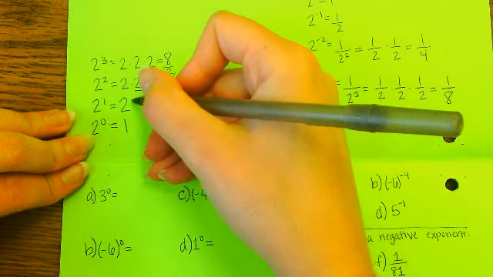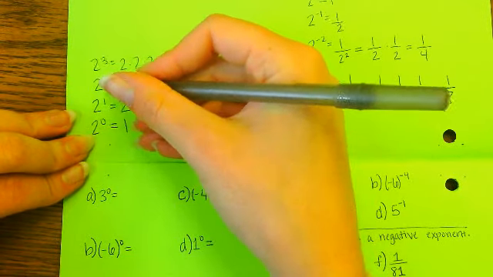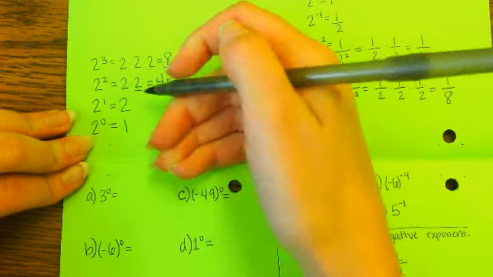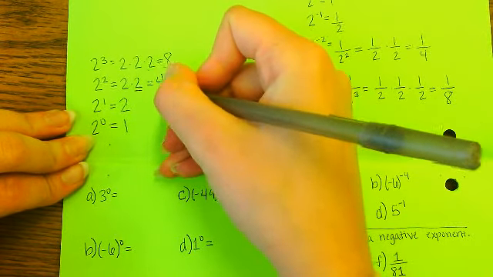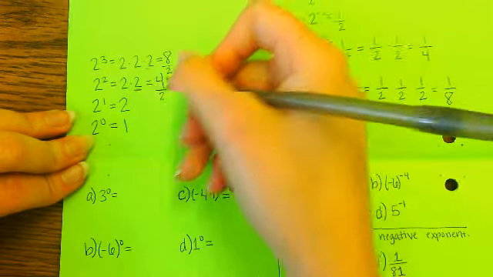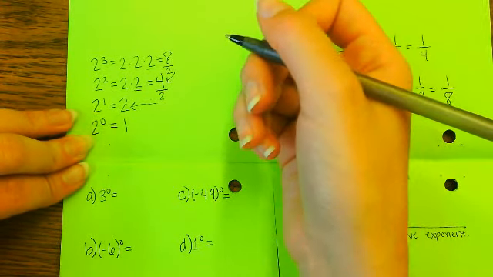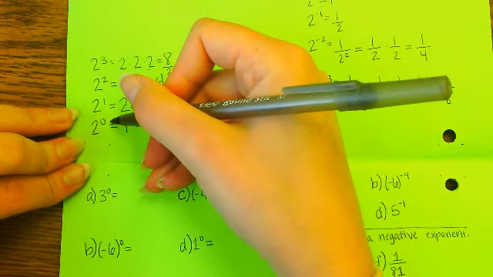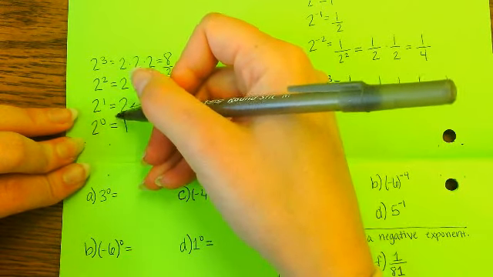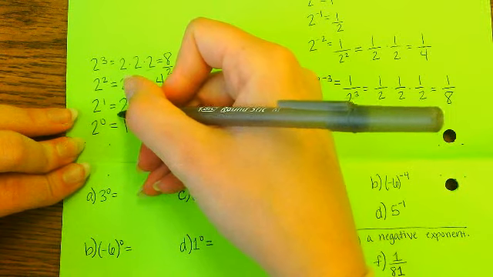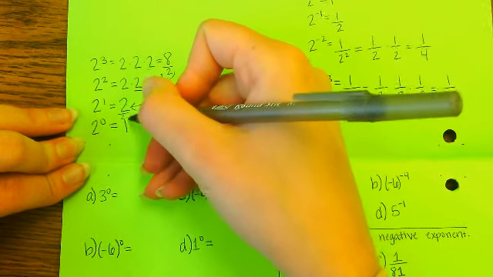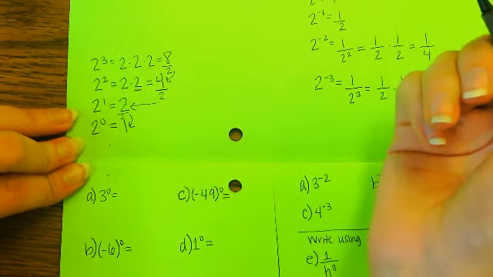Again, I'm getting rid of a 2 right here to get from 2 squared to 2 to the first. So I could honestly think about saying I'm doing 4 divided by 2, and that would give me 2. And then 2 to the 0 power means I'm not multiplying anything. But to get rid of that 2 I did have, 2 divided by 2 gives me 1.